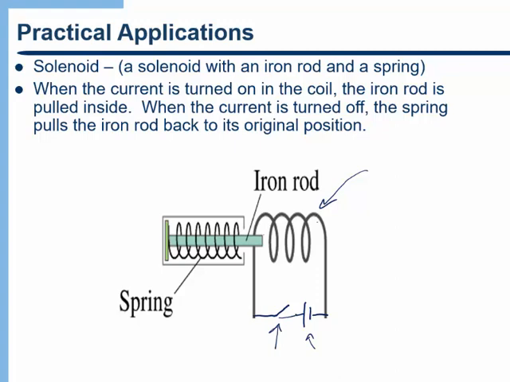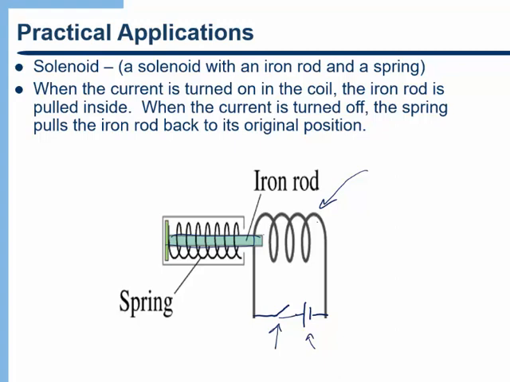Well, we know that that creates a strong magnetic field inside the coil, and that will actually attract the iron rod, and the iron rod will come out into the coil. Now, when I open the switch, the spring pulls the rod back into place. So I now have a mechanical device that will have two different positions based on how I operate an electrical switch.